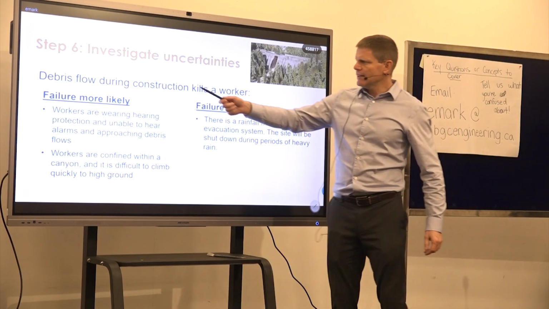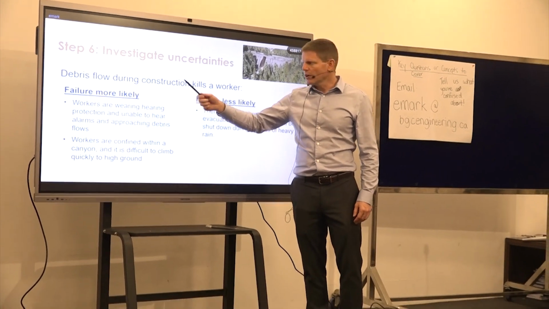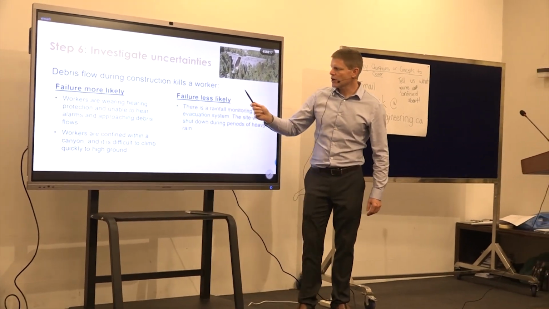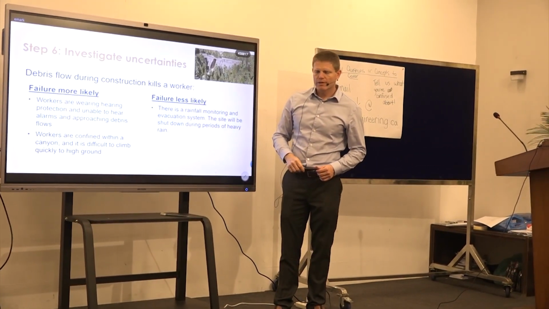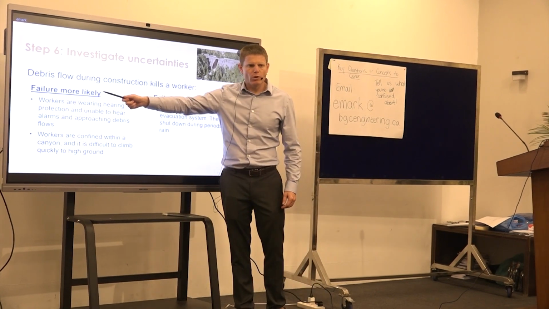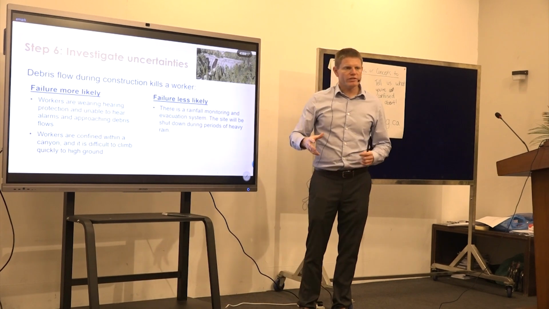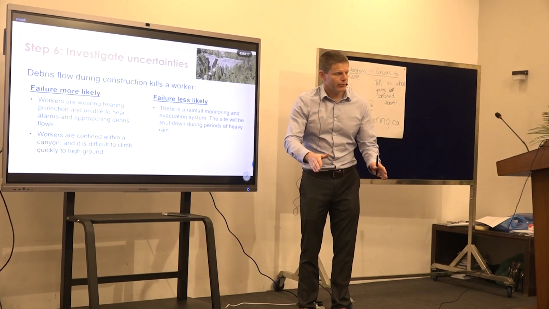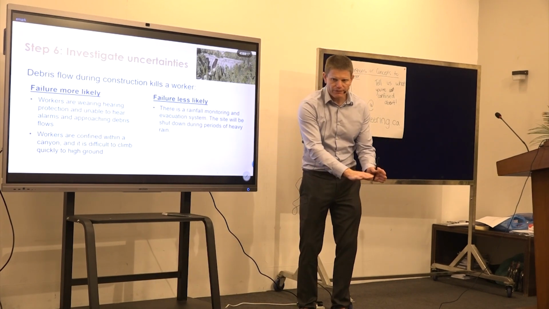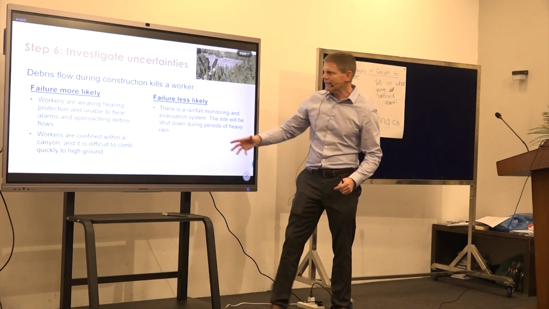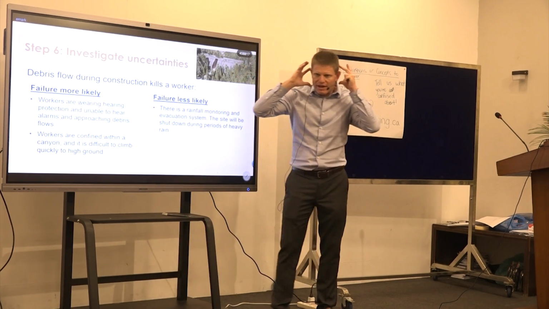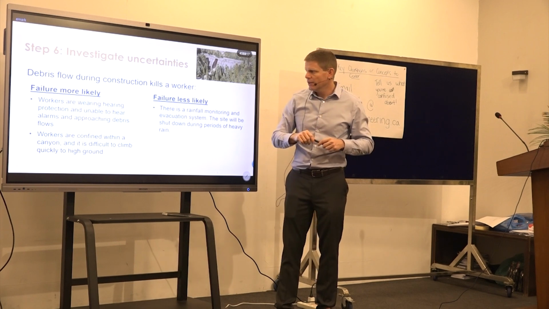So when we take the example that I was using before of a debris flow during construction that kills a worker, the factors that make this failure mode more likely are the fact that there's workers down, let's say they're building the formwork for the base of the concrete structure. In that case, they're wearing hearing protection because there's loud equipment moving.